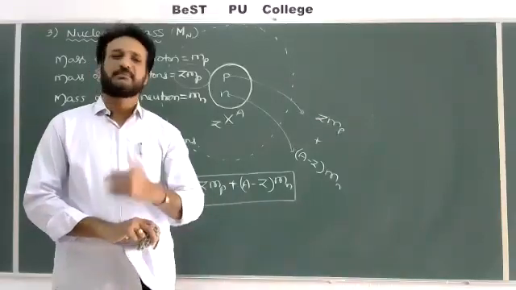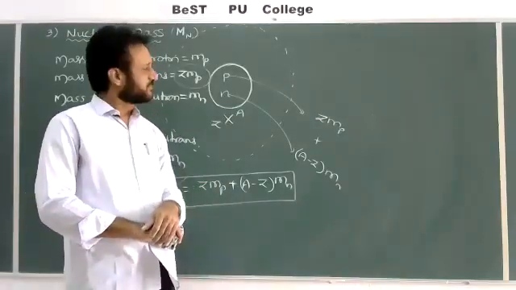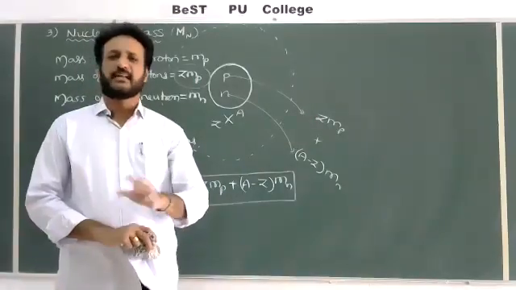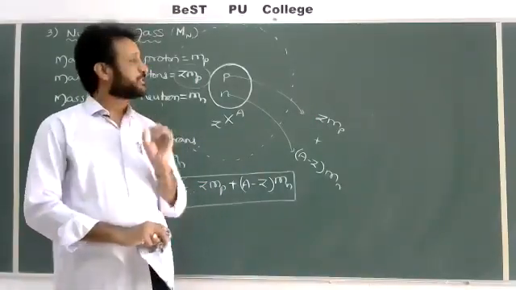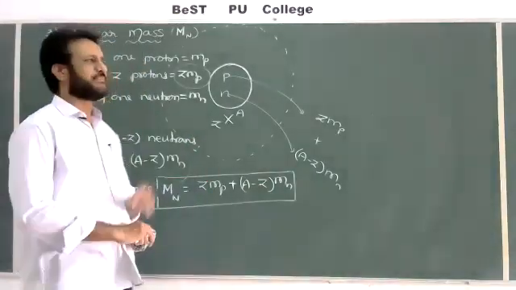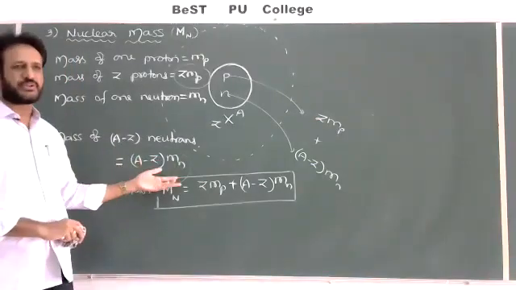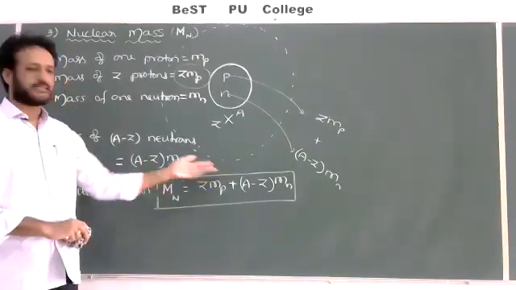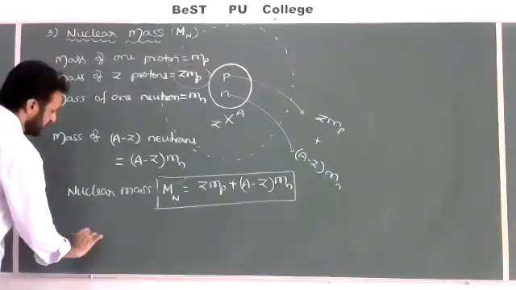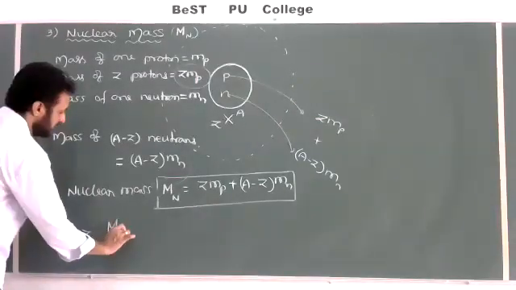But how to measure the mass of the nucleus? There is no common balance, no physical balance or spring balance. We have to use a mass spectrometer, one of the devices used to measure the mass of very small particles like a proton, neutron, electron, or the nucleus. Important, remember this one more question.